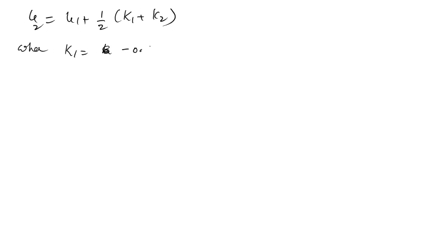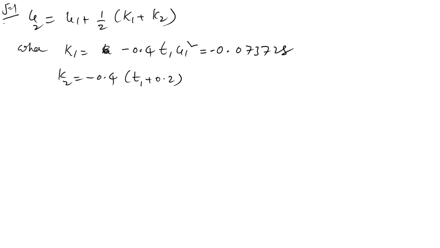Now coming to u2, u2 equals u1 plus 1 by 2 (k1 plus k2), where k1 equals minus 0.4 t1 u1 squared, this is minus 0.073728, and k2 equals minus 0.4 (t1 plus 0.2) times (u1 plus k1) squared, this is for j equals 1.